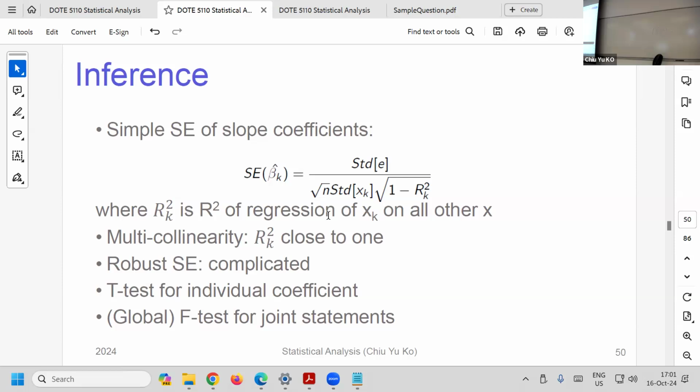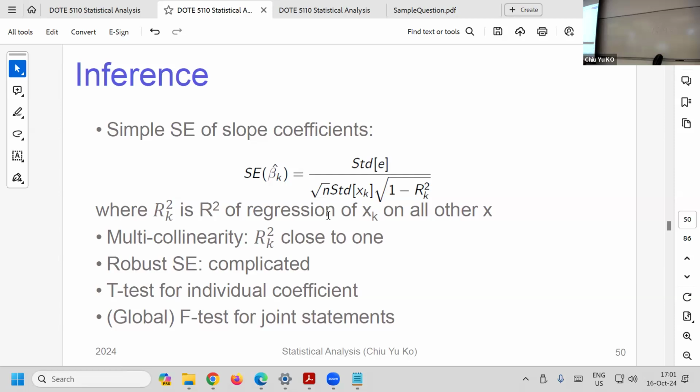But here, the square root of the denominator is something we care a little bit about, okay? It is the R_k square. What's that? R_k square is you regress x_k on all the other x. So suppose R_1 square means you regress x_1 on x_2, 3, 4, 5, 6, 7.